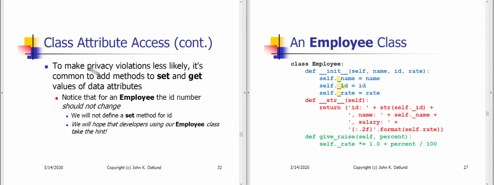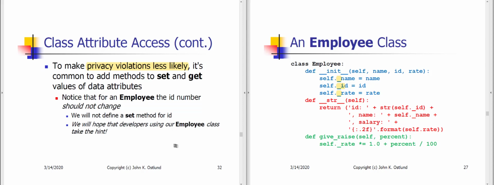Okay. So what can we do as a class developer to try to make it less likely that someone using our class is going to violate our expectations about privacy of data attributes, or for that matter, of what are called helper functions? You can sometimes have helper functions or helper methods within a class that the class methods themselves call for support, but that we don't expect outside users to make use of.